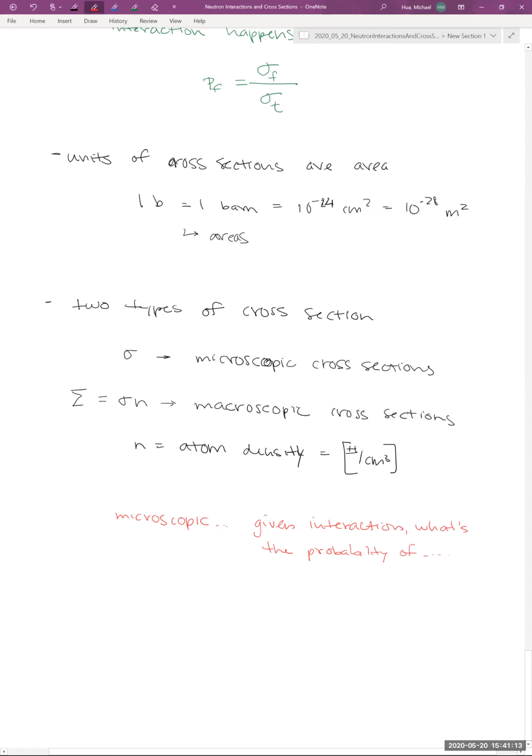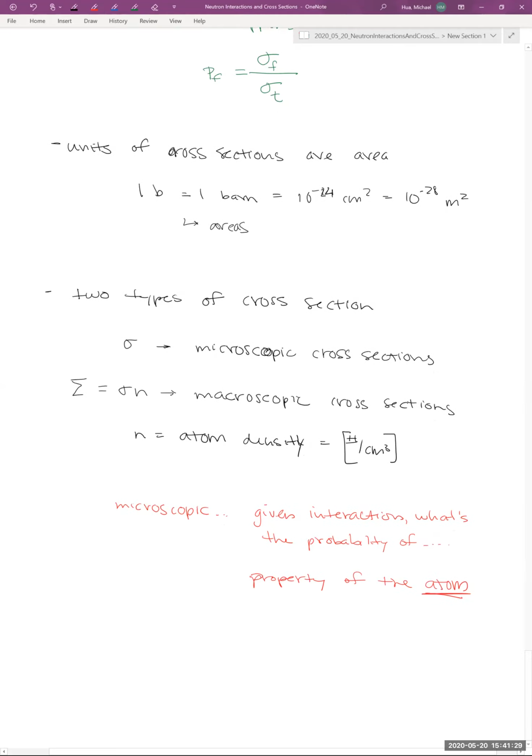And this is a property of the atom. So this is a quantity unique to the atom.